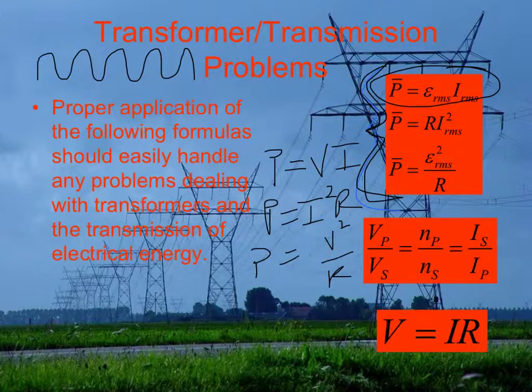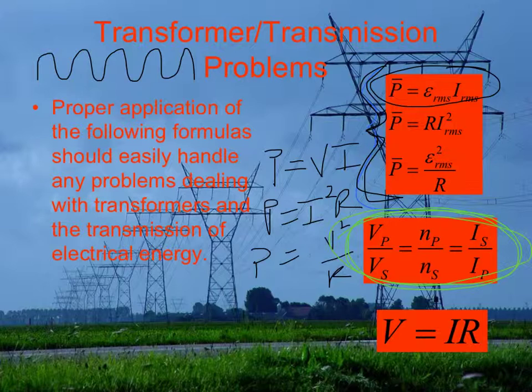Our second set of equations here are our transformer equations. And this gives the ratios. So the voltage in the primary, the potential difference in the primary set of coils, divided by the voltage or potential difference in the secondary set of coils is equal to the number of coils in the primary over the number of coils in the secondary.